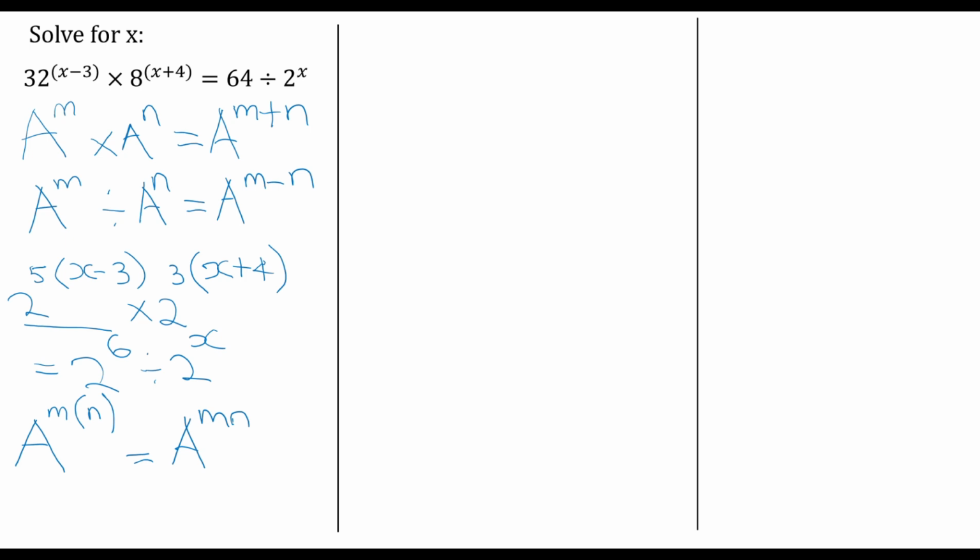Let's take the left-hand side, for instance, 2^5 into brackets, x minus 3, close the bracket, multiply by 2^3 into brackets, x plus 4.